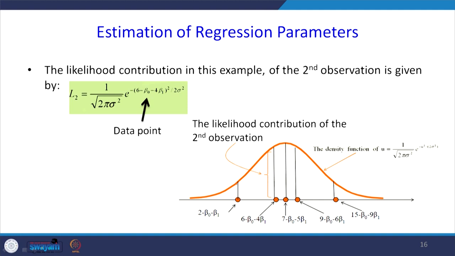This height is the contribution of each observation to the likelihood function. So, the likelihood contribution of the second observation, where the y value is 6 and the x value is 4, is given by 1 divided by the root of 2 pi sigma square, e to the power minus (6 minus beta 0 minus 4 beta 1) whole square divided by 2 sigma square. That is the density function, which we can simplify this way.